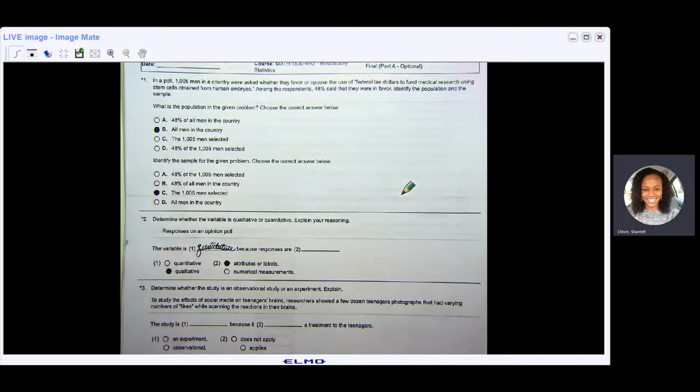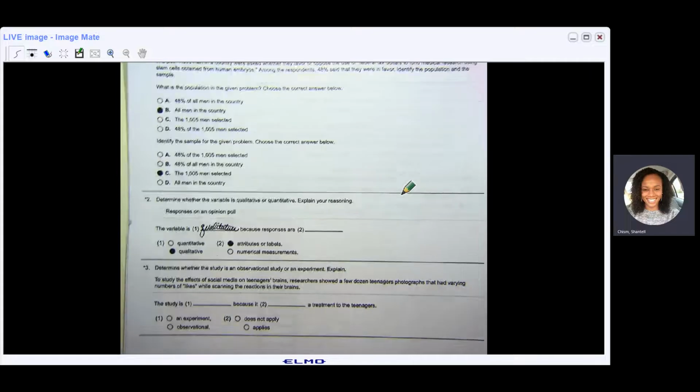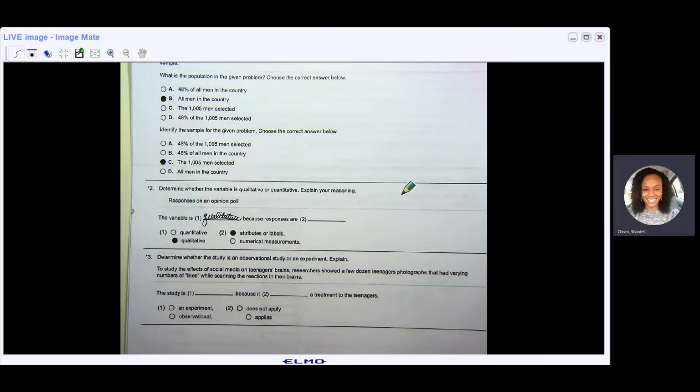Okay. Number 3, determine whether the study is an observational study or an experiment. First off, an observational study is simply where your researchers are in a room and they did not give the study participants any sort of treatment, any toys, any magazines. They just are in the room observing them in maybe a natural environment.